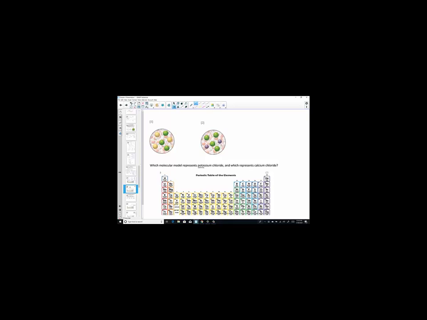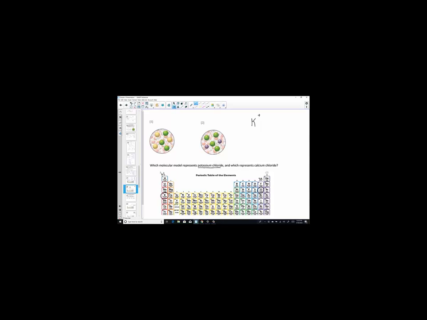Well, let's first figure out what these chemical formulas would look like. The element potassium is the symbol K. See it right here, number 19? So potassium chloride would be K positive 1, because every element in group 1 is going to have a +1 charge. And its last name is chloride. Remember what that guy is?